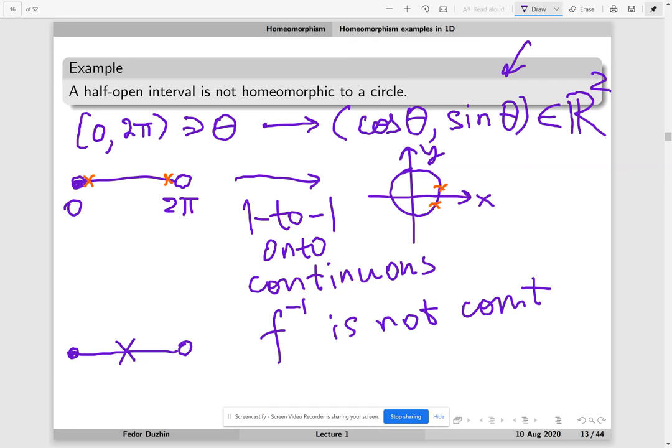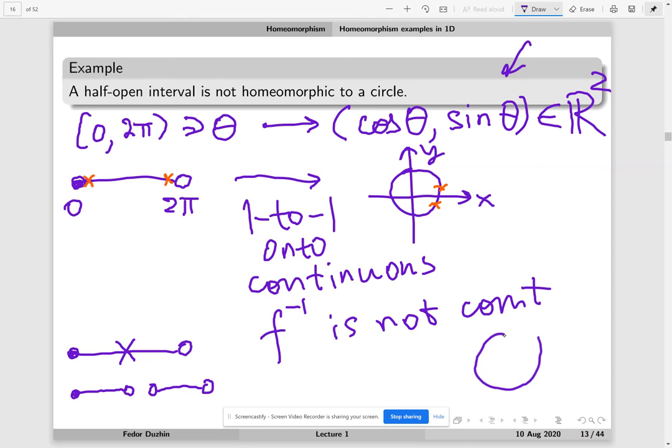So you remove this point in the middle, and what remains just falls apart into two intervals that look like this. So if you remove one point, then the remaining interval falls apart into two intervals. One of them is half open, the other one is open.